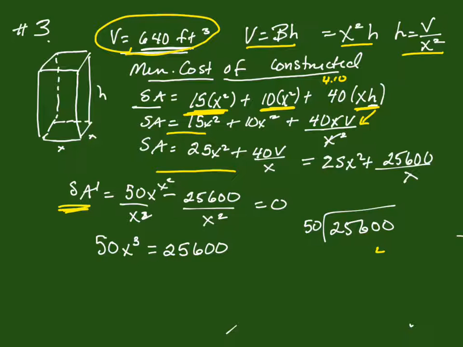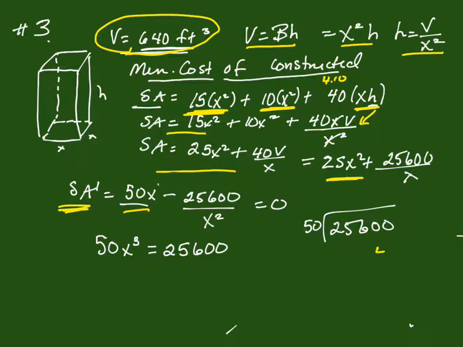So we want to minimize, so when we minimize, we take the derivative and set it equal to 0. So the derivative of this would be 50x, and I don't want to get this confused, 50x minus 25,600 over x squared. And we set that equal to 0.